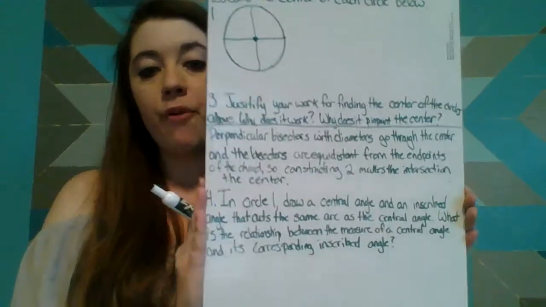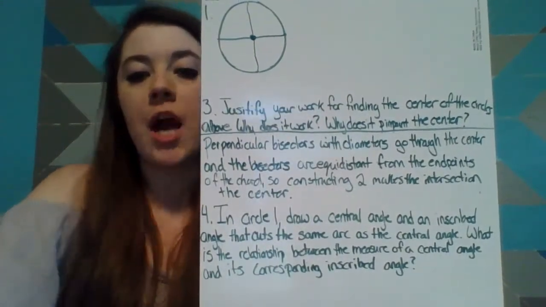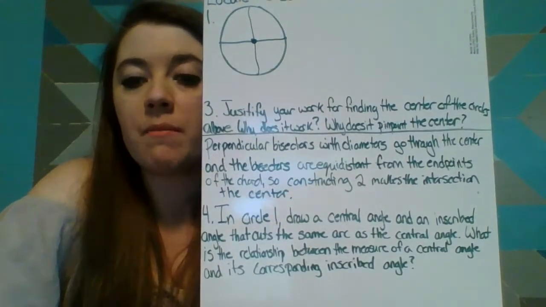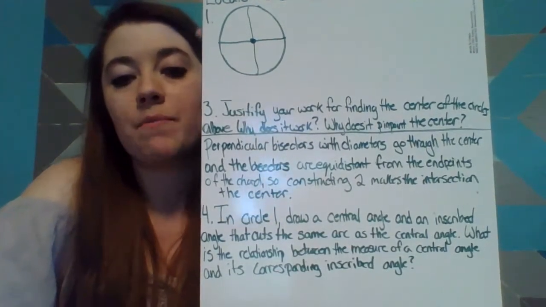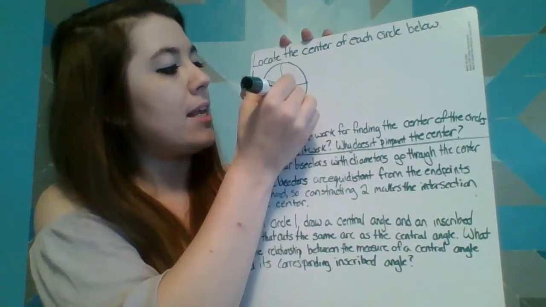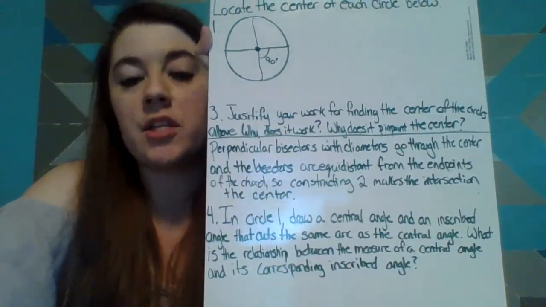All right, number 4. In circle 1, draw a central angle and an inscribed angle that cuts the same arc as the central angle. What is the relationship between the measure of a central angle and its corresponding inscribed angle? So our central angle is this angle right here. It'd be 90 degrees because it's a perpendicular bisector that's formed it.